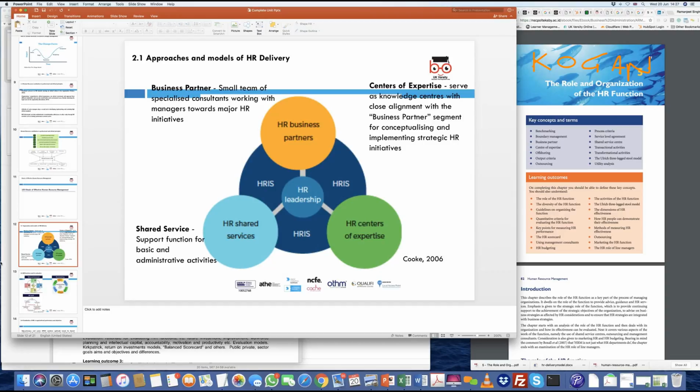A better example, if I have to give you, would be that if you look at small and medium businesses, what you will see sometimes is they do not have enough bandwidth or resources to employ somebody as a human resources manager or have a full-fledged department within the organization.